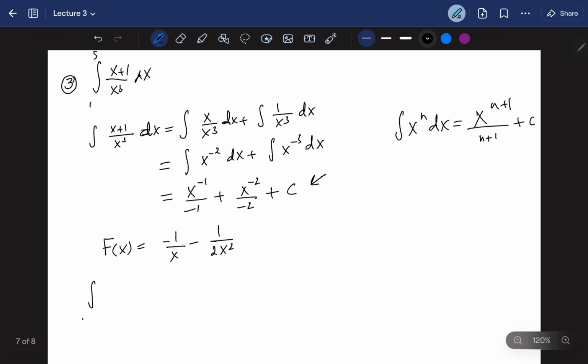So now applying the theorem, this is just going to be f at 5 minus f at 1, where f is my antiderivative, and you just plug in the values.